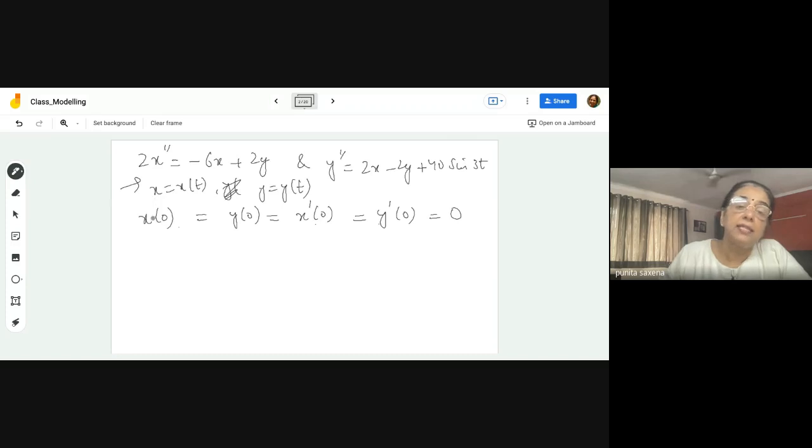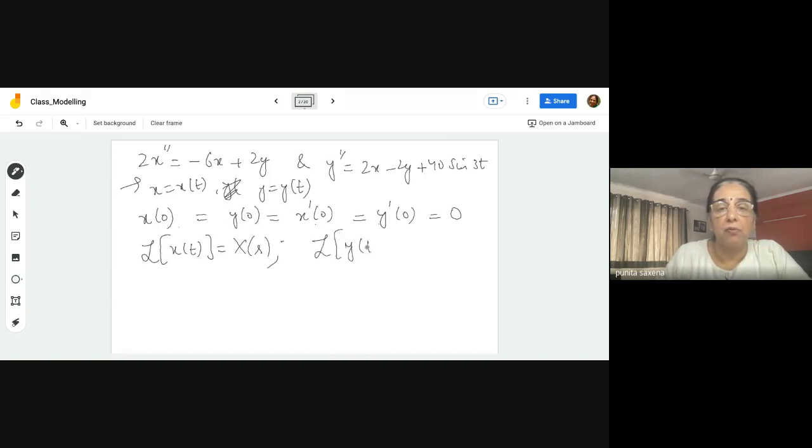Again, as I said, the procedure remains the same. We'll define the Laplace transform of x(t) as X(s), and we'll assume that the Laplace transform of y(t) is Y(s). Now you have two different equations with you, but they have to be solved simultaneously.